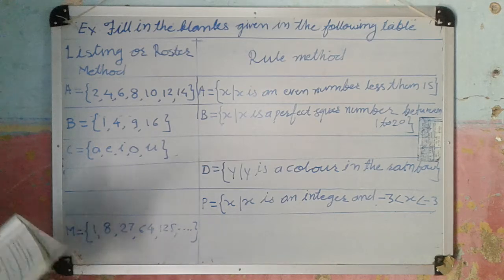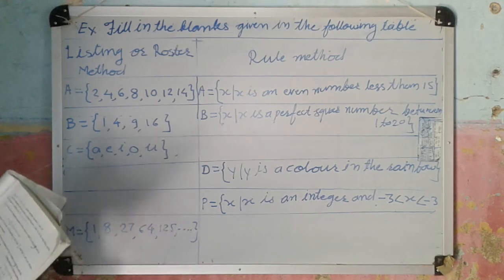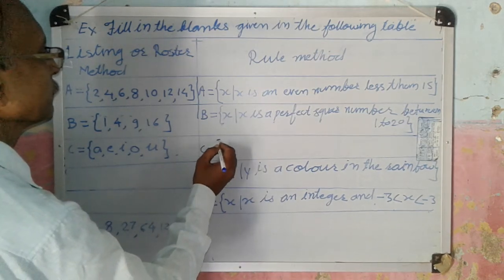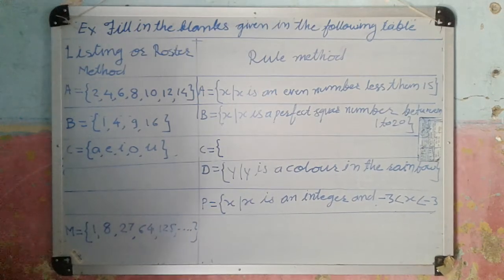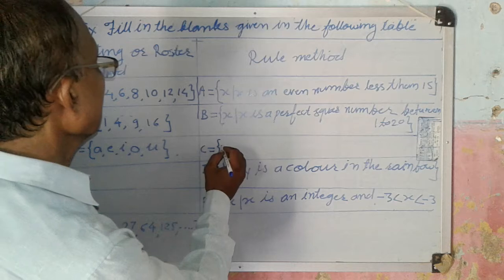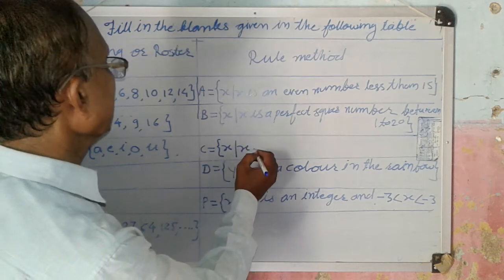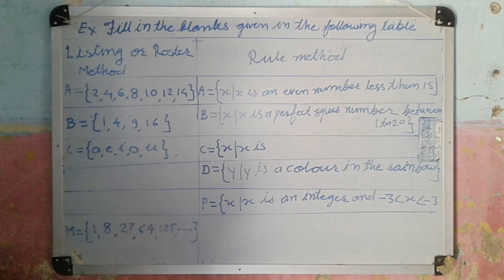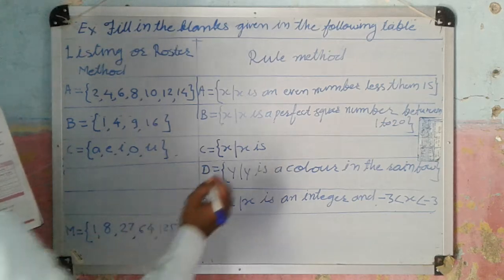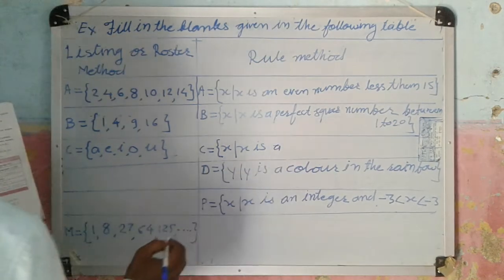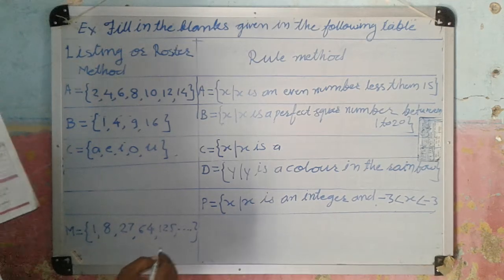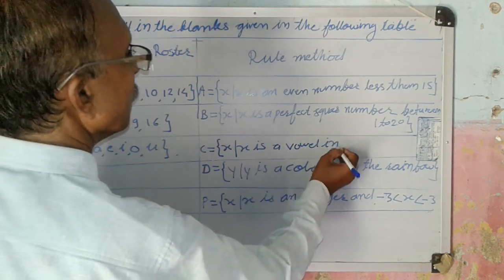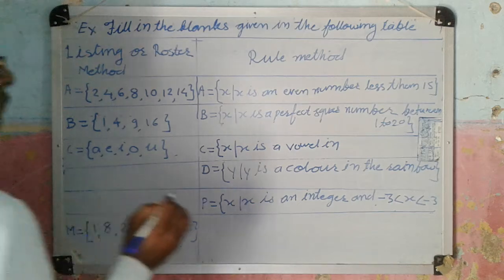So we can write this set using rule method as C is equal to a set of all x such that x is a vowel in the English alphabet.